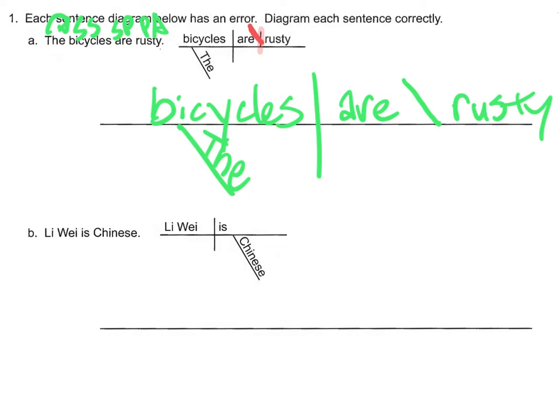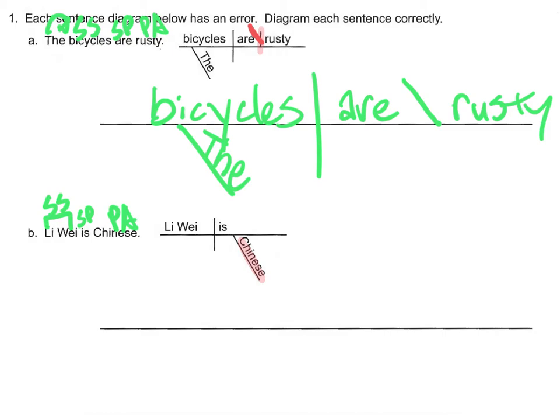1B. Lai Wei is Chinese. Who or what is this about? It's about Lai Wei. What did Lai Wei do? Is, that's a linking verb, so exists. Exists as what? Chinese, predicate adjective. This is a common mistake because Chinese is an adjective form, but the person here decided they were going to use it to modify is.